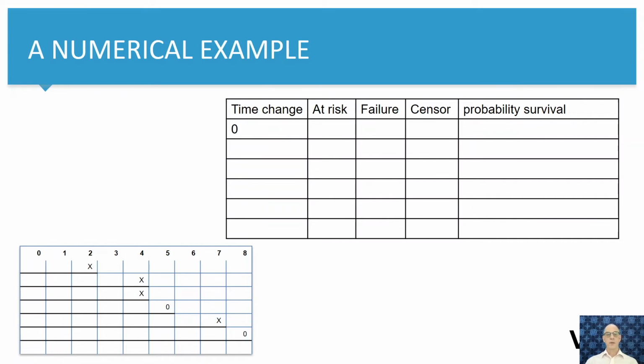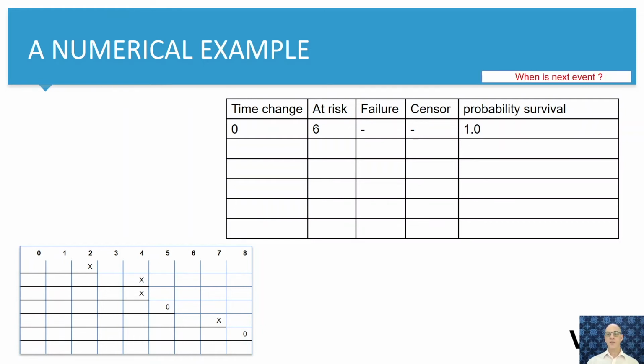So our first period is the baseline at time point 0. Then how many people are there at risk? That's actually the start of my cohort, so all 6 people are at risk. And of course all those people are event-free, so they survive for 100%. And survive means not having the event.